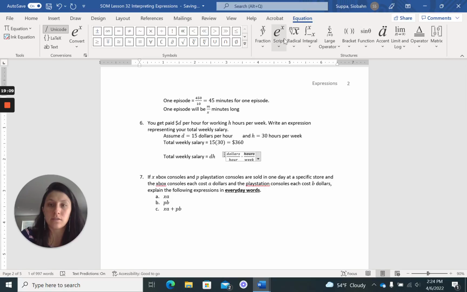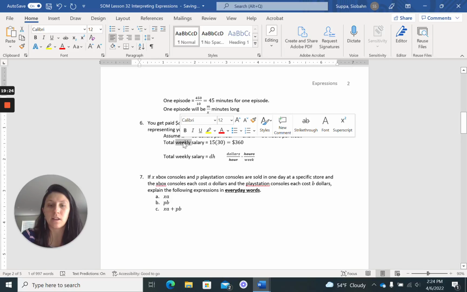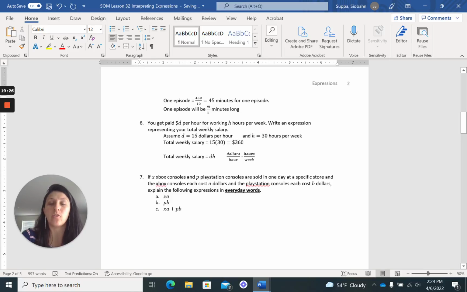This is going to cancel with this hours down here, because hours divided by hours, they go away. So you're left with dollars per week, and that's what you should have because it's a total weekly salary. So it's dollars for every week. So that unit analysis there, that makes sense.